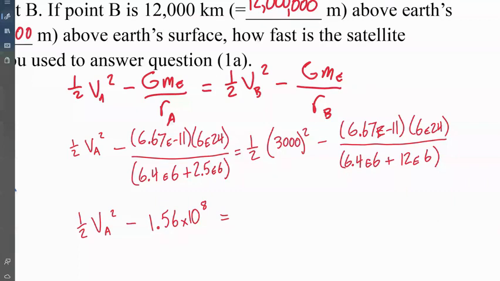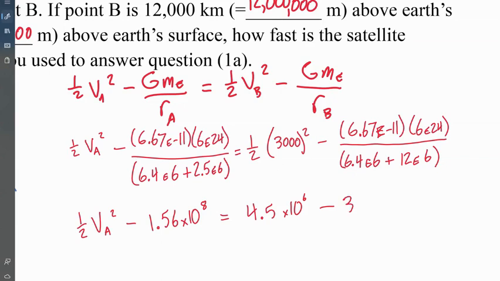Okay, then over here, 1/2 times 3,000 squared, I get 4.5 times 10 to the 6th minus, and then this is similar to the other one that we just did, but instead of 2.5 times 10 to the 6th in the bottom, it's just 12 times 10 to the 6th in the bottom.